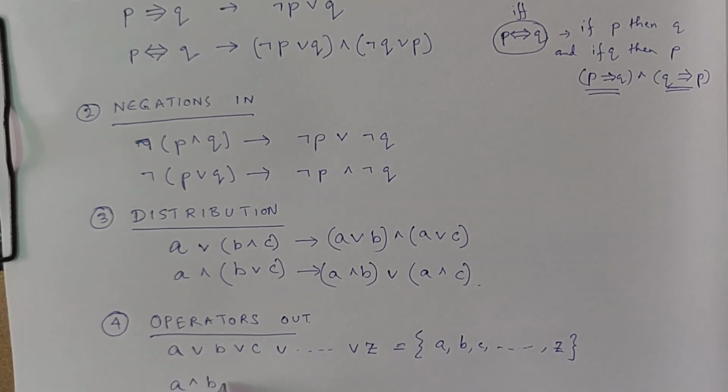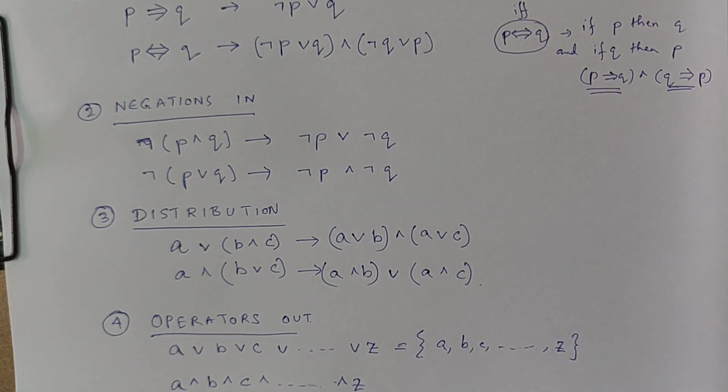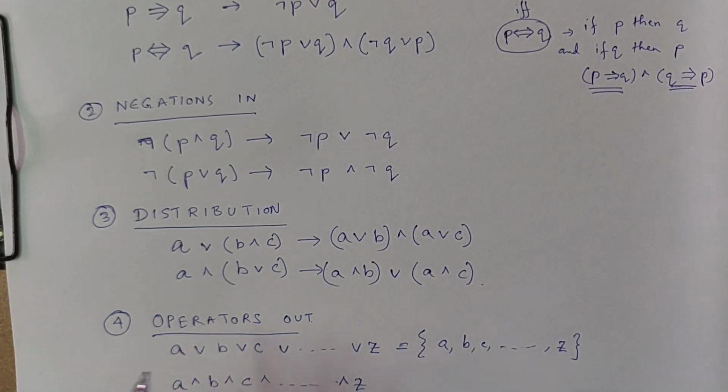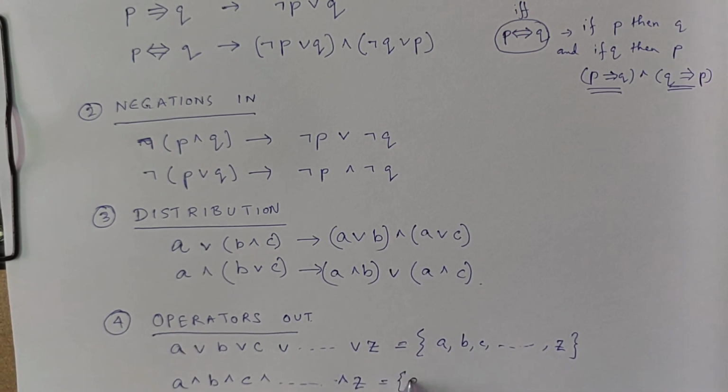And if my logical sentence is like this, where A, B, C, Z, these are valid clausal sentences, then I can write it as separate sets.